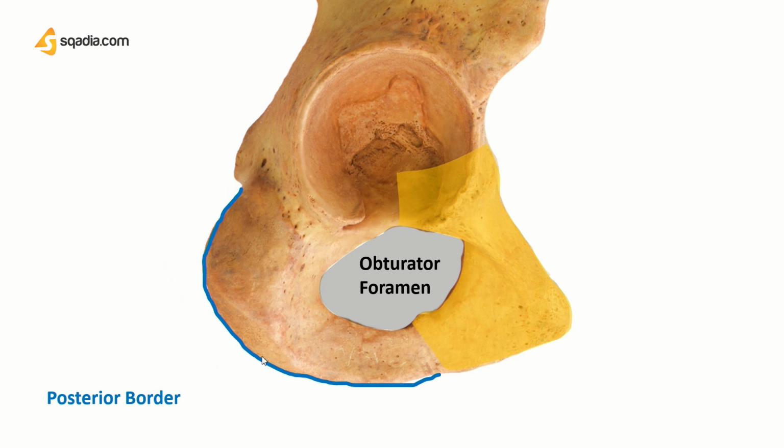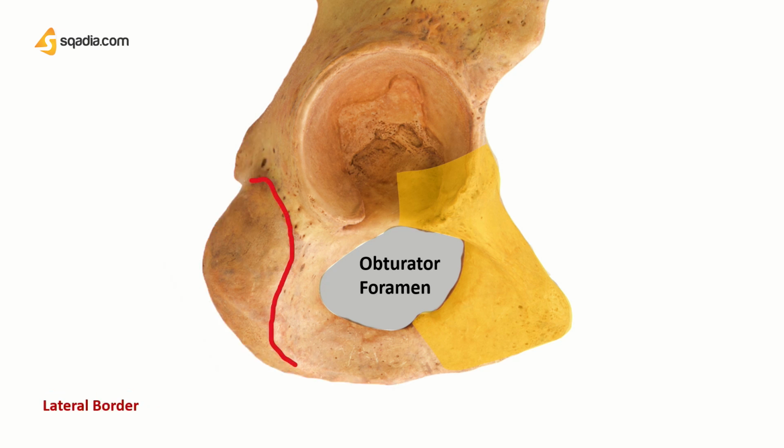The posterior border shows a projection which is known as an ischial spine, and it also forms a depression which is known as the lesser sciatic notch. The lateral border forms the lateral margin of the ischial tuberosity.